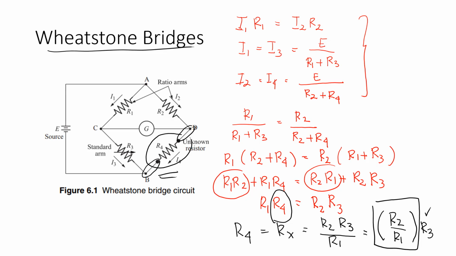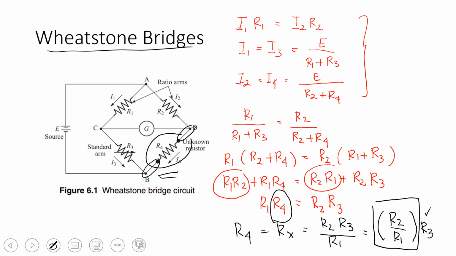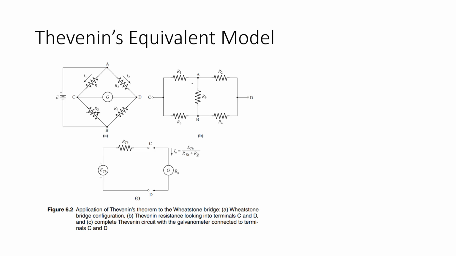If we connect this Wheatstone bridge to the source and the current is a little bit high, the temperature in R1 and R2 increases, and it will affect the measurement of the Wheatstone bridge. So these are some limitations of the Wheatstone bridge. You can see these limitations in the textbook.